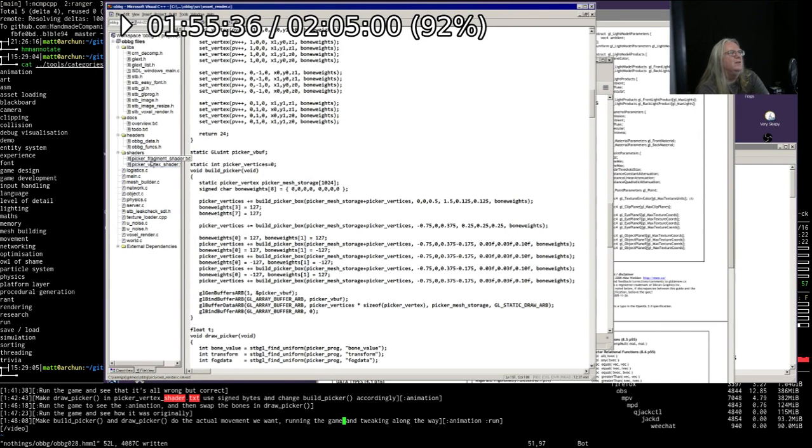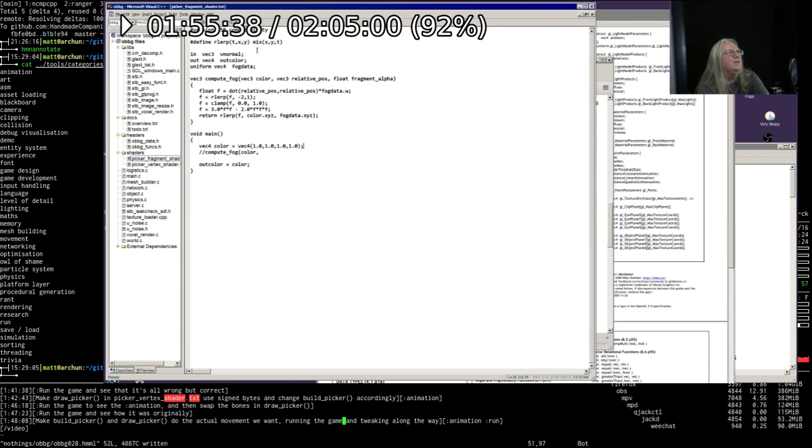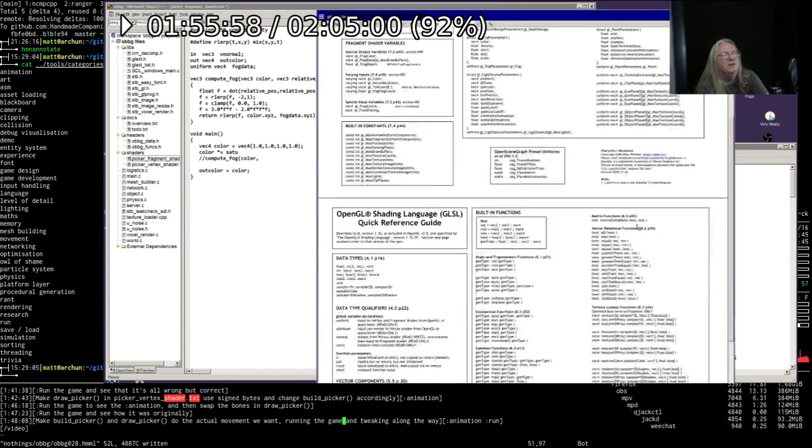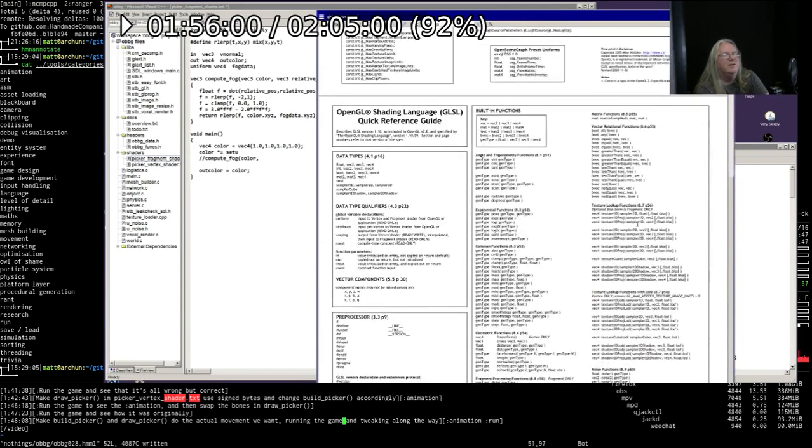And what we'd actually like to do is give them different colors. So we're passing in the normal, right? Yeah, so color times equals .3. Was it saturate? Or is saturate not in OpenGL? One of them isn't. I don't remember what. One of them has clamp and one had saturate or something like that.